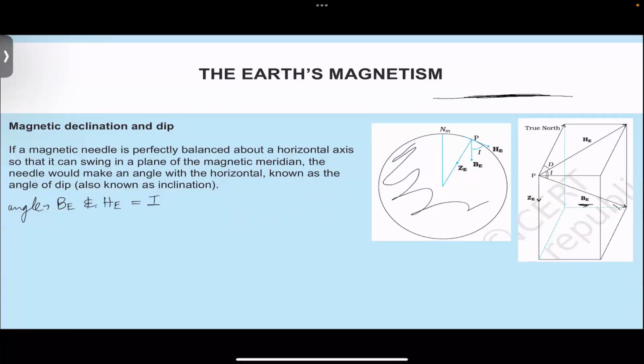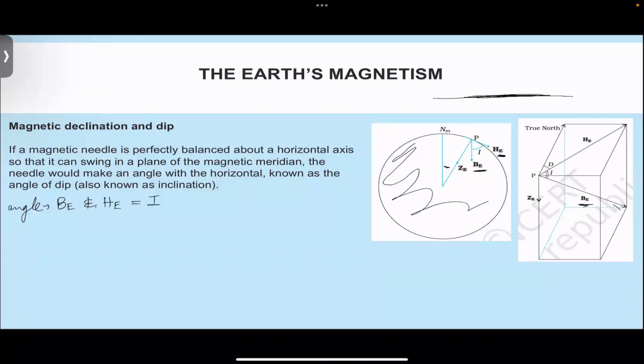The plane is something you can consider as a section cutting through the earth. The total field at P, the magnetic field BE, can be resolved into a horizontal component and a vertical component.